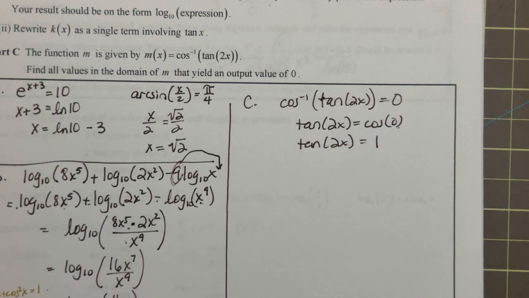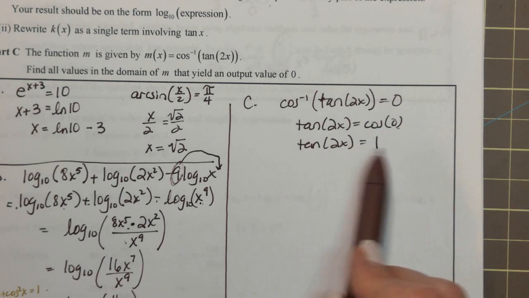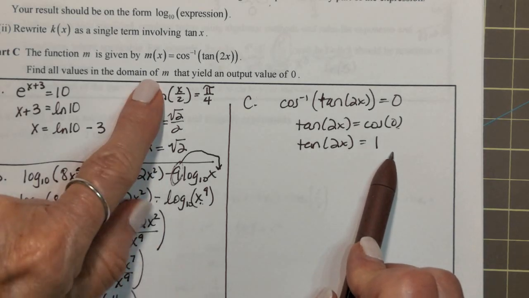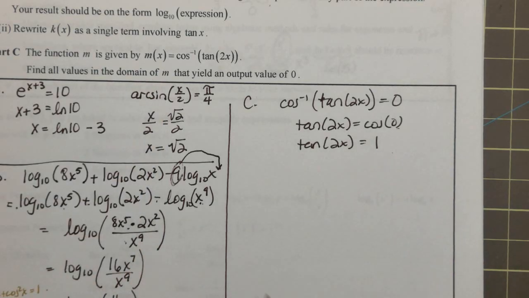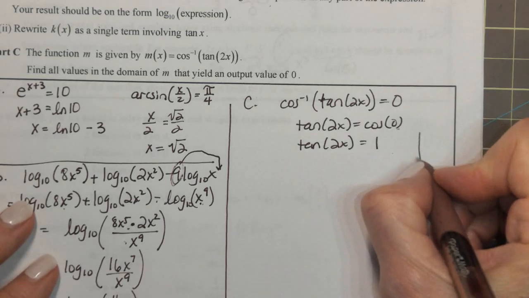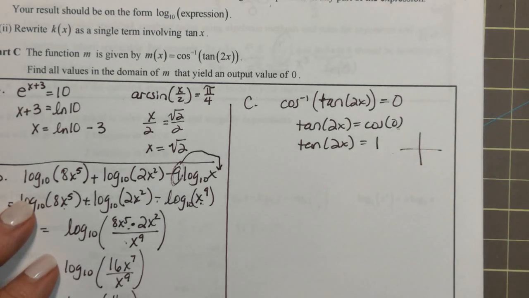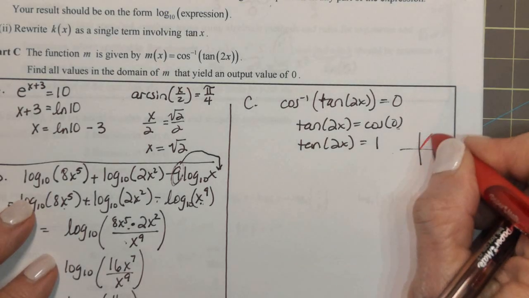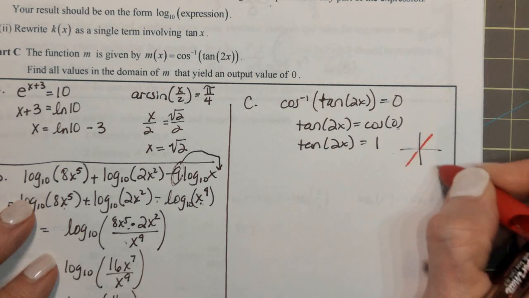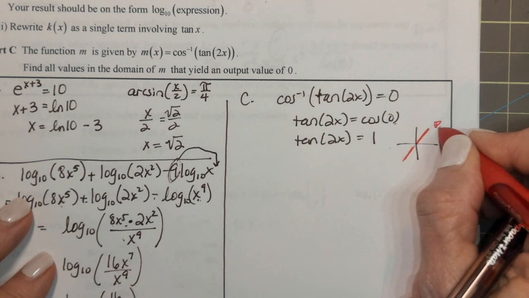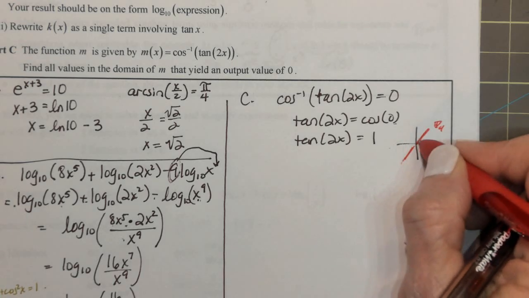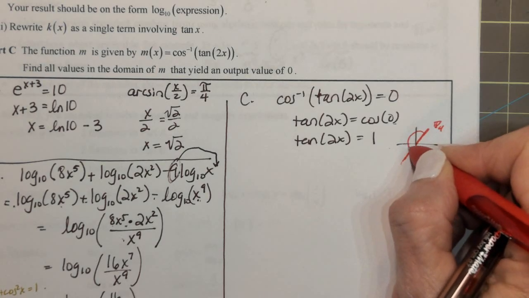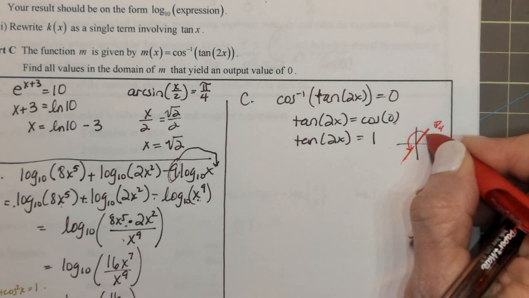So I need all of the arguments that make tangent 1 in the domain of m, so we're going to have to get k involved again. Where is tangent 1? Tangent is 1 at pi over 4 and 3 pi over 4. Since it's the same angle but over here, we're adding pi.